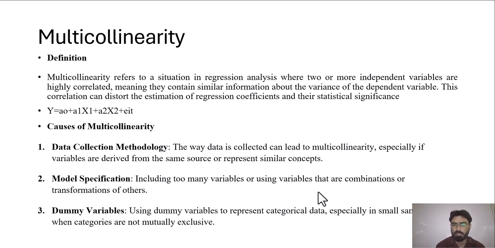So if you are using dummy variables to represent categorical data and you have small samples, this may cause multicollinearity when categories are not mutually exclusive. So these are the major reasons for the occurrence of multicollinearity.